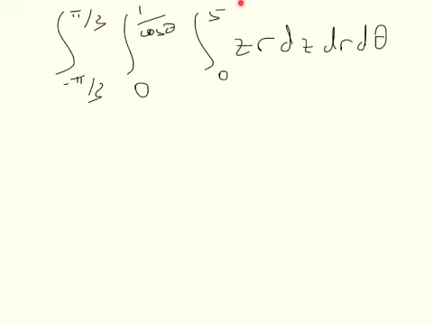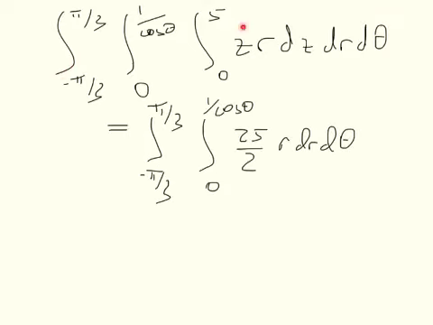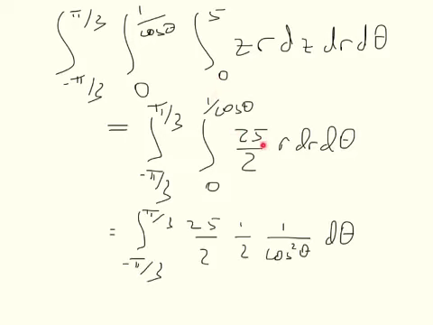Now we'd like to integrate, so we'll do this integral first, and then we'll figure out the other integral. First, we integrate away the z dependence, which gives us 1/2 z squared from 0 to 5, and that's 25 over 2. Then we integrate in r, that becomes 1/2 r squared, and we plug in 1 over cosine theta.